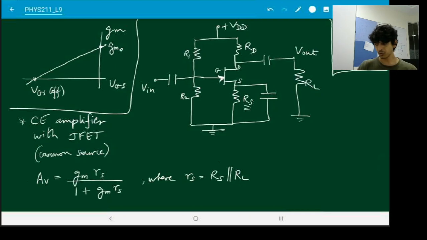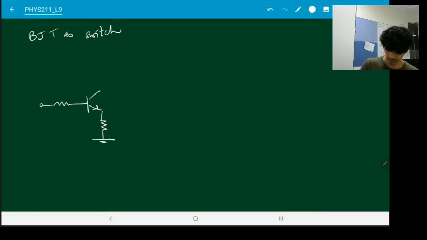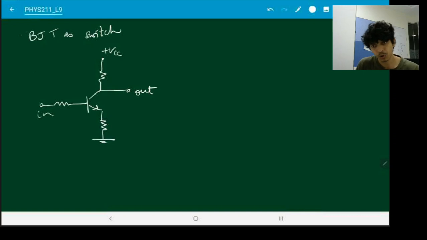And like I was saying, you can do all sorts of other things. In the case of the BJT, we defined the transistor as a switch by having a circuit like this. So when input was high, output was low. When input was low, output was high.